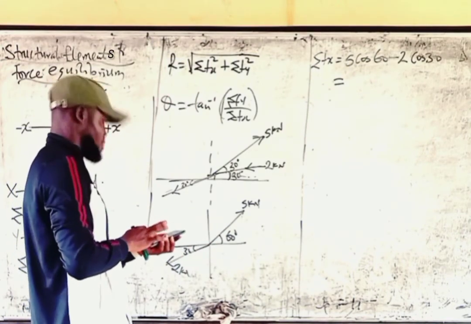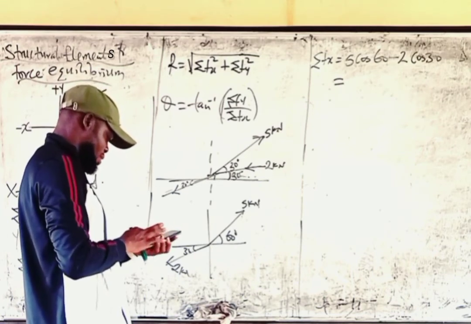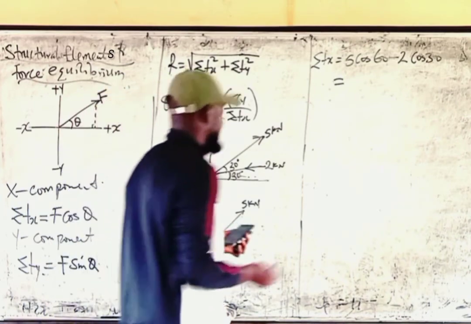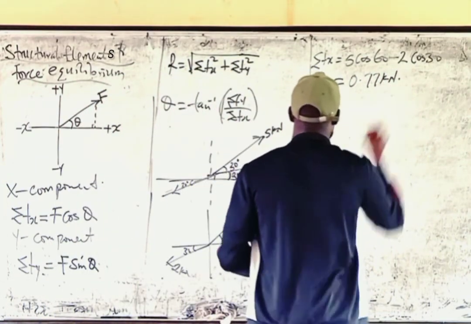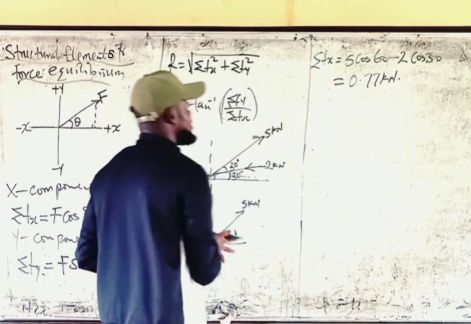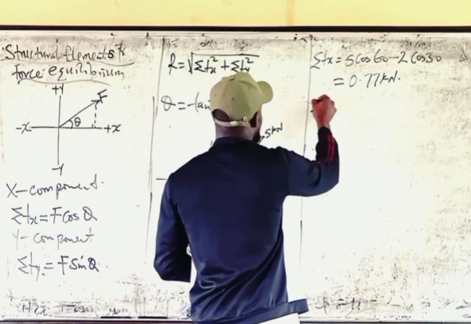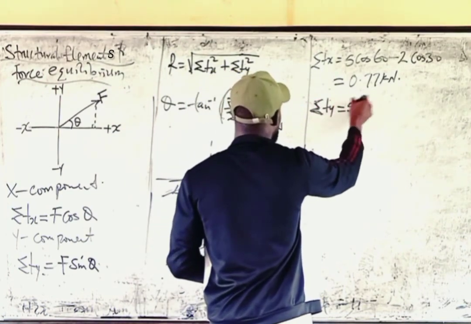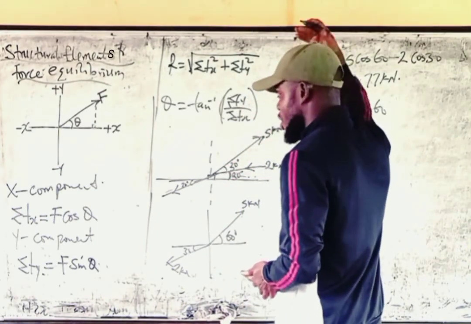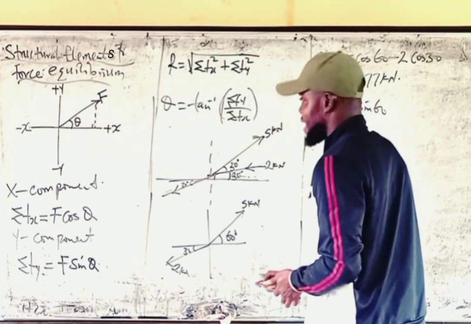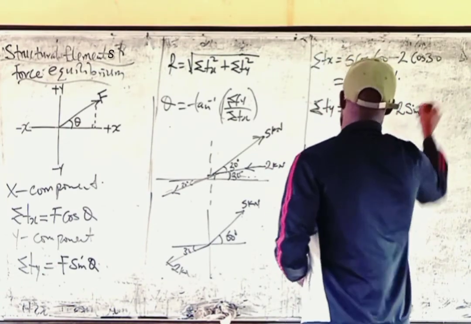We have 5 cos 60 minus 2 cos 30. So putting in decimal places, I'm having 0.77 kilonewtons. Now for the y side, the y component. For the y component, all the forces in the y direction will be equal to 5 sine 60, because 5 is on the upper side for y. For y, upper side is positive, then the downside is negative, minus 2 sine 30.